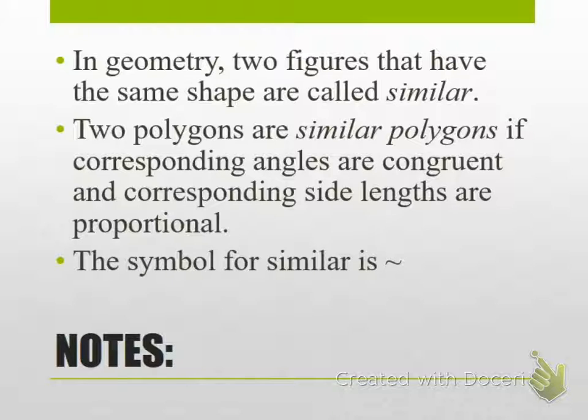2 polygons are similar polygons if corresponding angles are congruent and corresponding side lengths are proportional. So even if they're different sizes, the angles that correspond to each other still have to be exactly the same measure, but the side lengths just have to be proportional to each other.